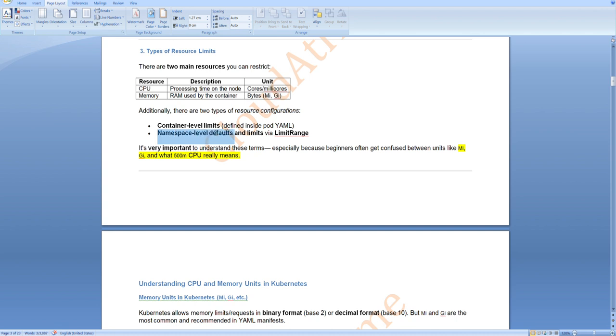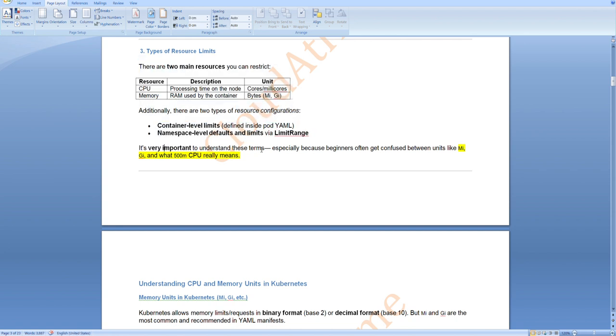If you want, you can also define at a namespace level, that is called limit range. So via limit range, you can also set a limit on the namespace level. So let's say if you do not want it to include resource limits, then in that case, you need to use limit range, right? So this is the additional concept basically we should be aware of.